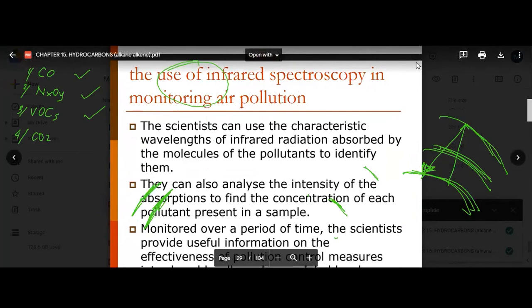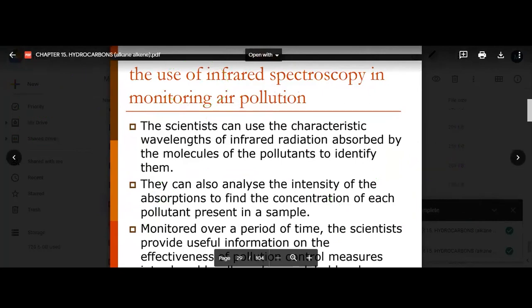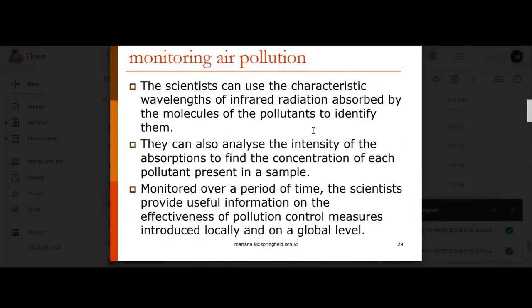Infrared spectroscopy will be learned in chapter 18, during aldehydes and ketones. But I just want to introduce you to the use of this spectroscopy to monitor air pollution. Scientists can get samples of air and observe the amounts of pollutants through the spectroscopy method called infrared.